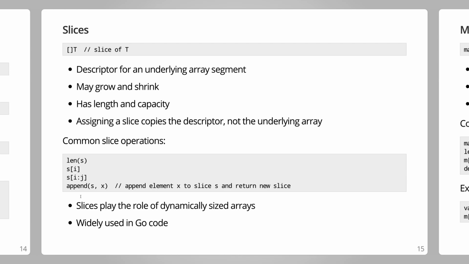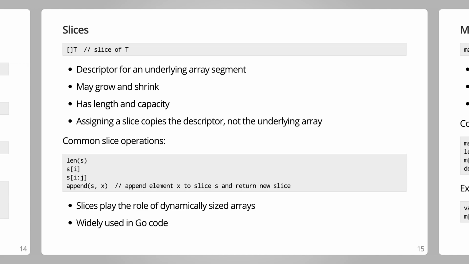And this slice can then grow and shrink, and it has a length and capacity. So the length defines how many elements it has, and the capacity tells how many elements it can hold without having to resize or grow the capacity of the slice. So you can think of it as a dynamically sized array, and it's possible to do many operations using slices.